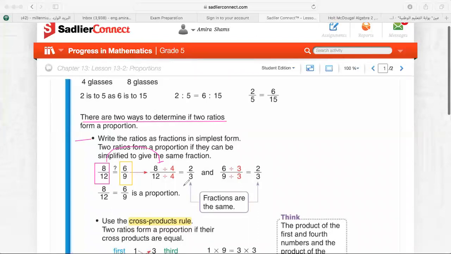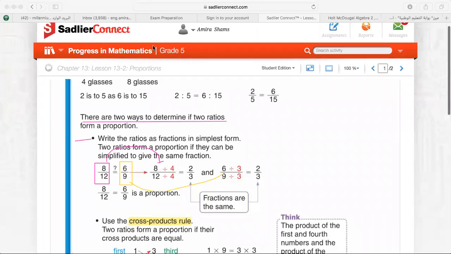Now I will take the second fraction, the yellow one. It's 6 over 9, and I want to simplify it. I can simplify by dividing by 3, because 6 and 9 are divisible by 3. So 6 divided by 3 is 2, and 9 divided by 3 is 3.